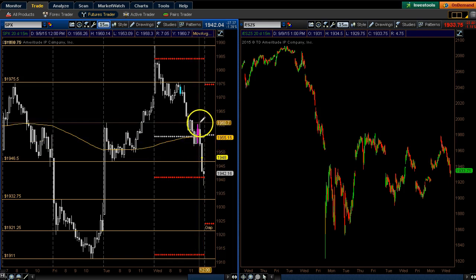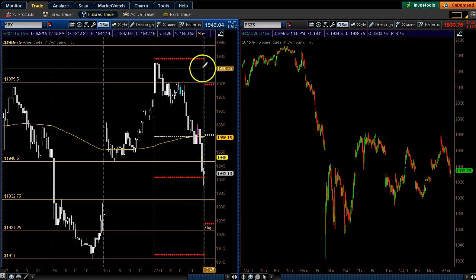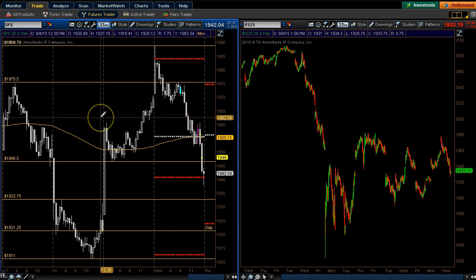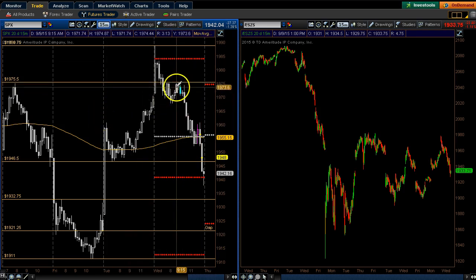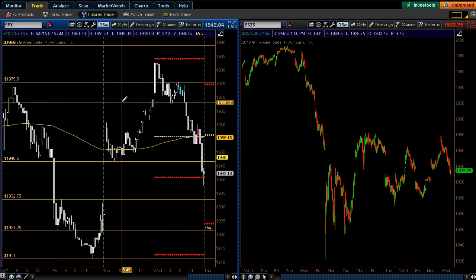Did the same thing here, failed. On the way back up over the next couple of days, these will act as resistance levels, because this is what the professional traders and the algos, the big traders, are looking at. They base all their trades off the SPX chart.